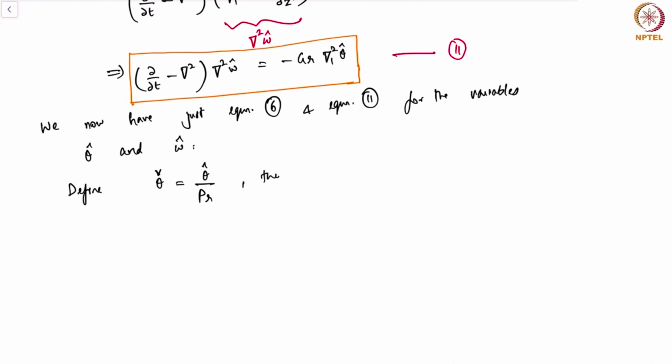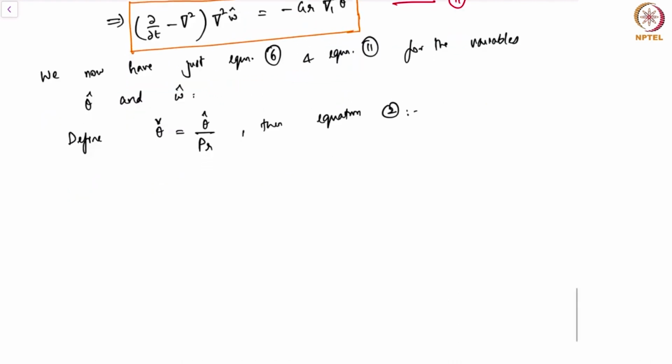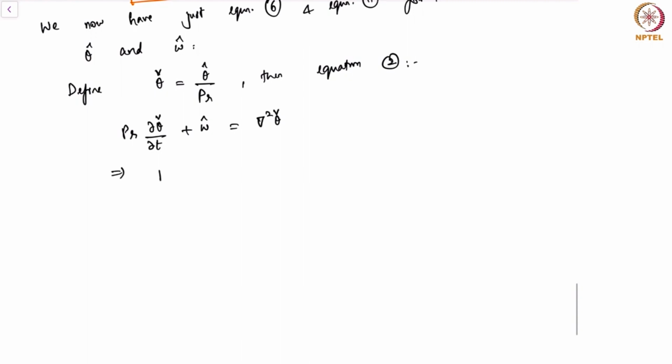Then equation 2 simply becomes del theta by del t, essentially becomes del theta reverse hat by del t plus w hat is equal to del square of theta reverse hat, inverted hat, let's call that inverted hat. So we have Prandtl number del by del t minus del square of theta inverted hat is minus this.